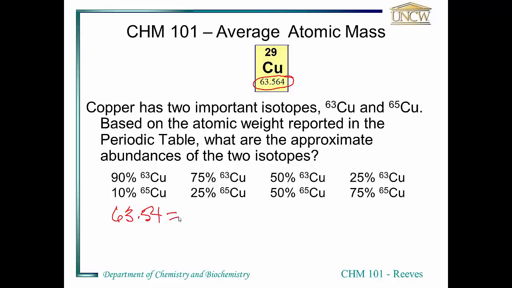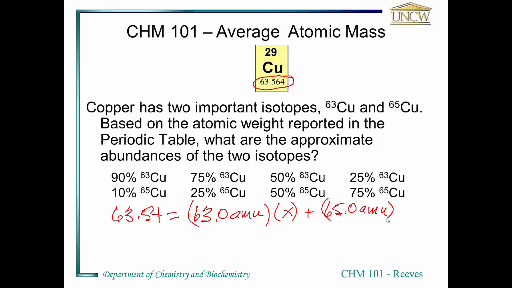So what that must mean is that 63.54 must be the mass of copper-63, which we'll call 63.0 AMU, times the abundance. Well, we don't know that, so we'll call it x. And then 65.0 AMU for the other isotope.